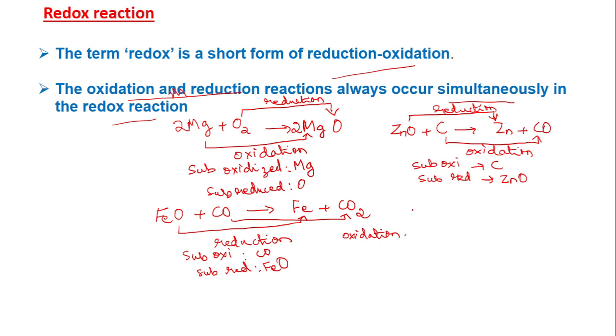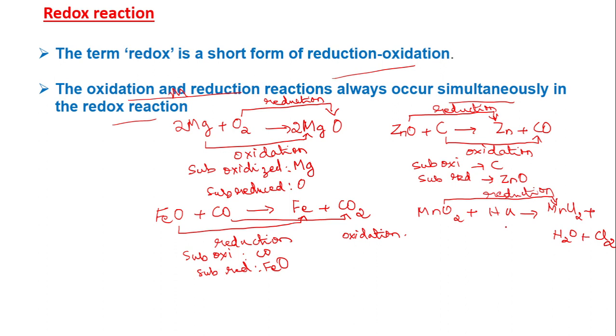Now, next example we will take. Manganese dioxide combines with hydrochloric acid to form MnCl2 plus water plus Cl2. You have to see here. In MnO2, oxygen is removed and MnCl2 is formed. So this is called oxygen removed, so it is a reduction.